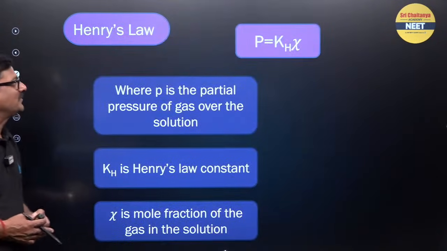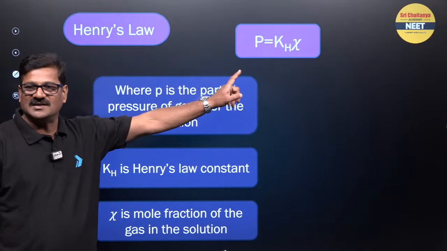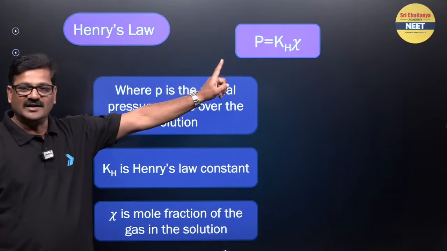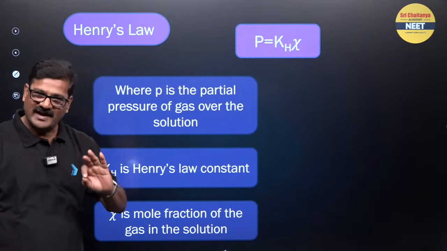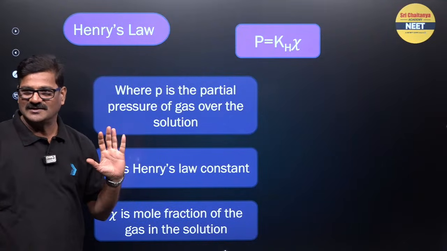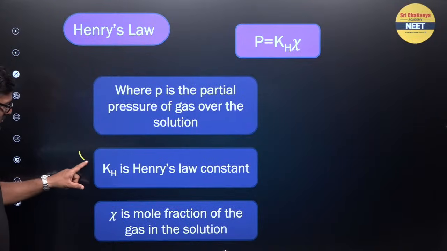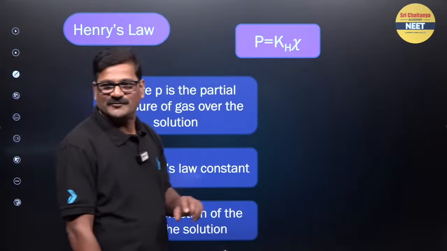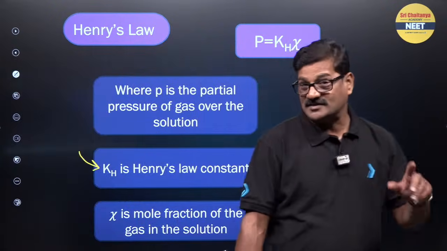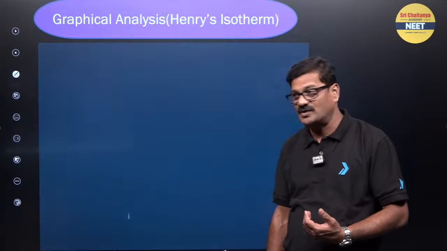So, Henry's law has one formula: pressure of the gas is equal to Henry's law constant and mole fraction of the gas in the liquid, right? And this is Henry's law constant. According to this, some questions are likely to come, children. Fine, any doubts? Let us discuss some previous year CBSE questions as well.